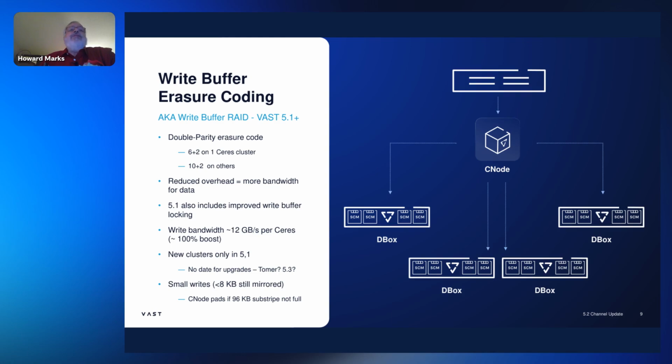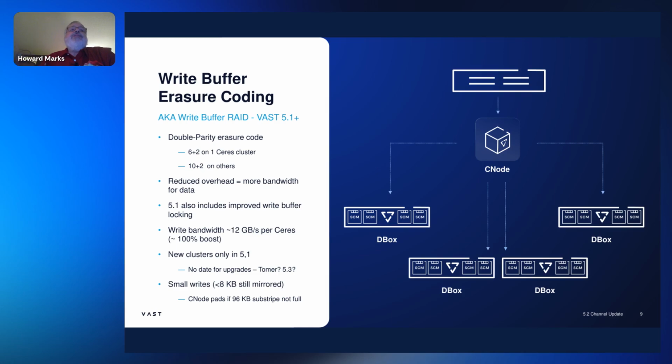We write data to the write buffer using Reed-Solomon erasure codes with double parity. This reduces the overhead from 50% for mirroring to 2/12 for the 10+2 erasure coding we do on almost all systems. 5.1 also has improvements to write buffer locking, all of which combines to boost the write bandwidth by about 100%.